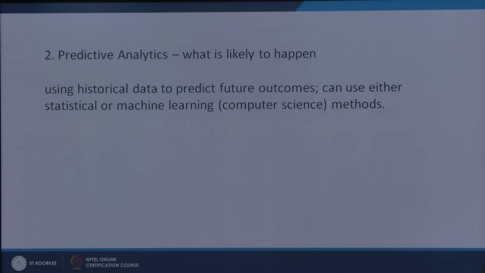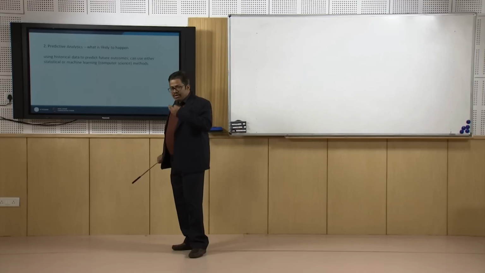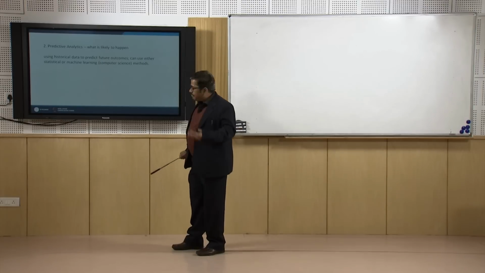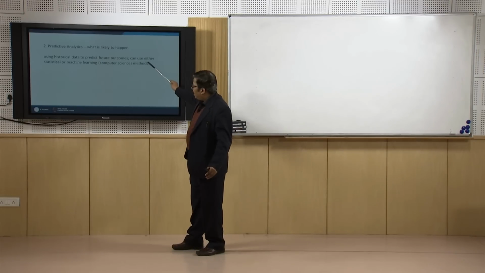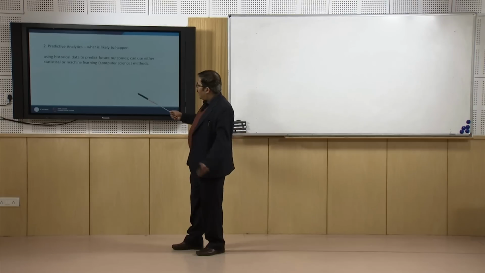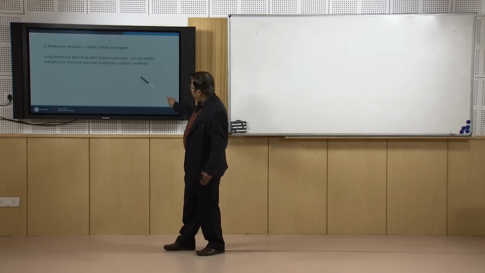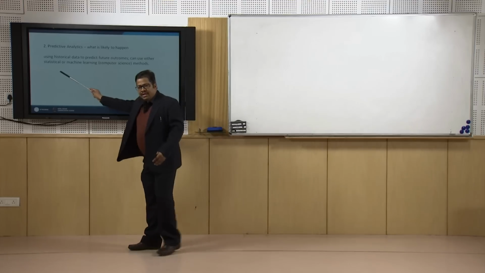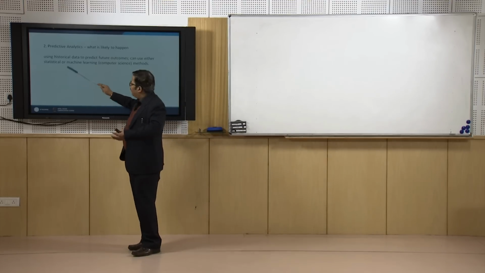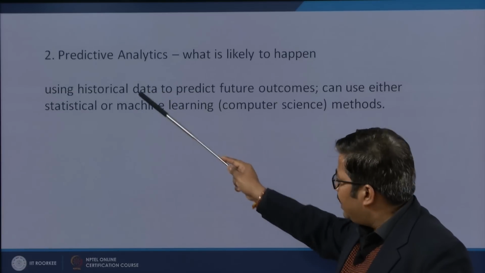So predictive analytics will tell you what is going to happen in the future, and it can use either statistical learning, which we have done when we solved the questions of forecasting and inventory analysis. All these things are the statistical way of handling predictive analytics.